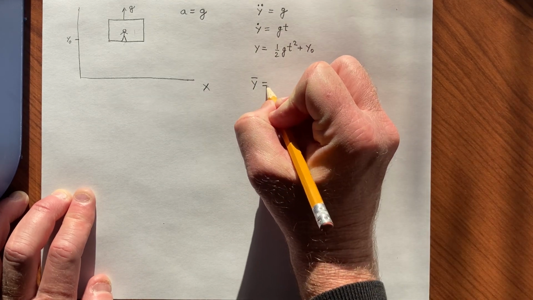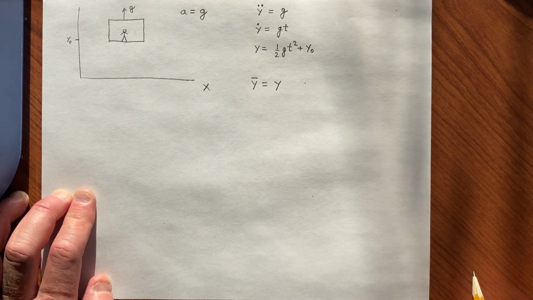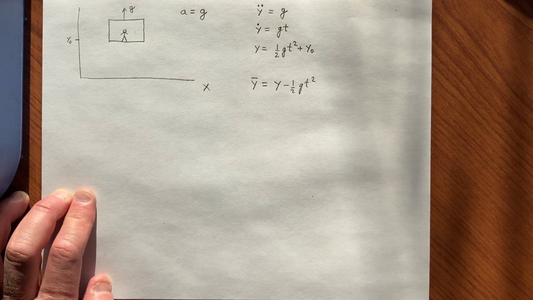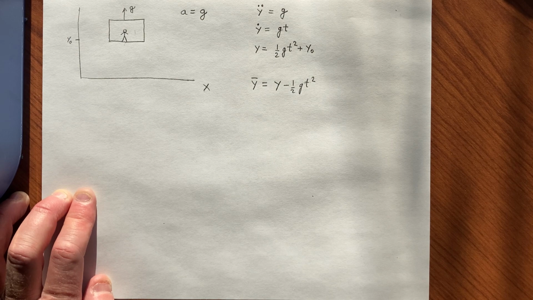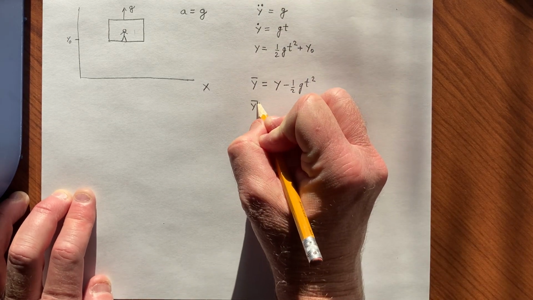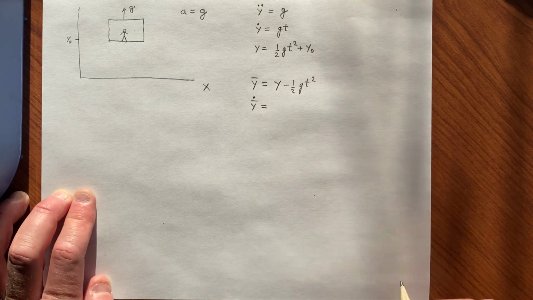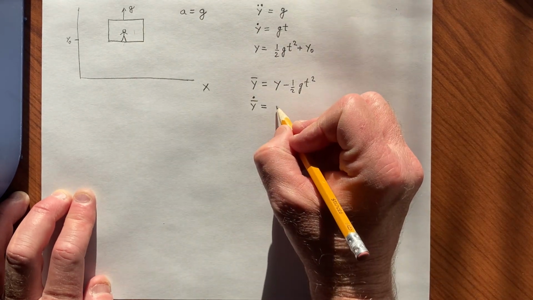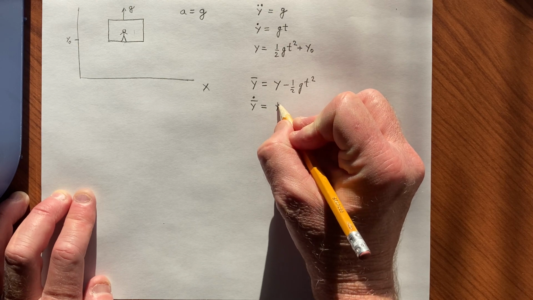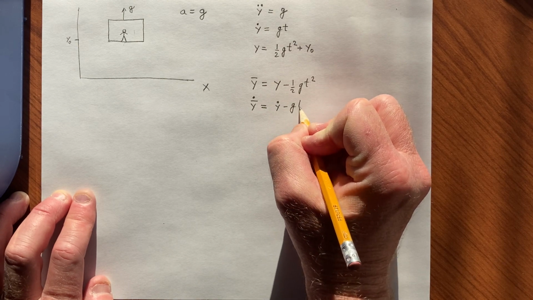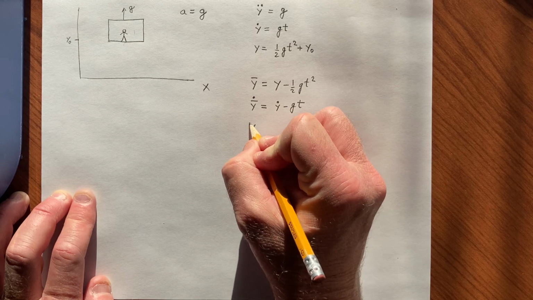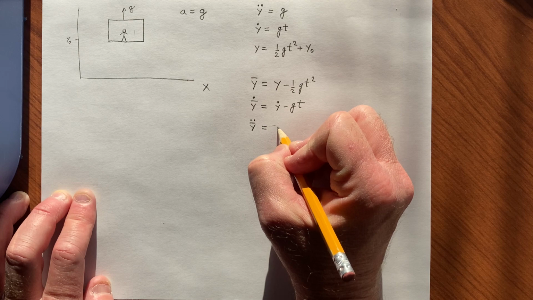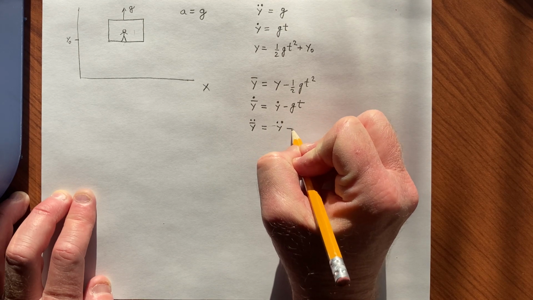So y bar is just a y value, but we're going to subtract the 1/2 gt squared, and so the speed of the lab is y dot minus gt, and the acceleration of the lab is y double dot minus g.